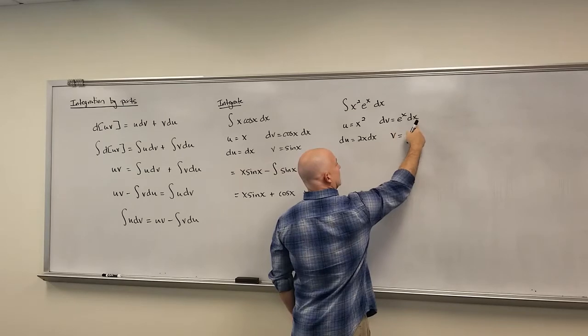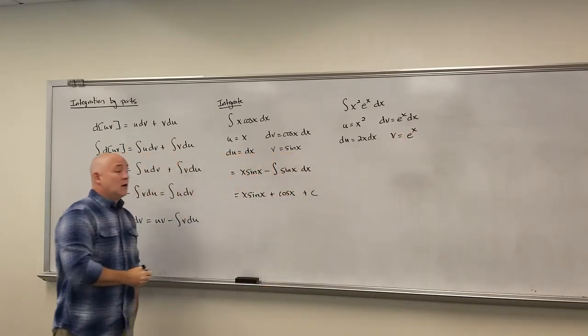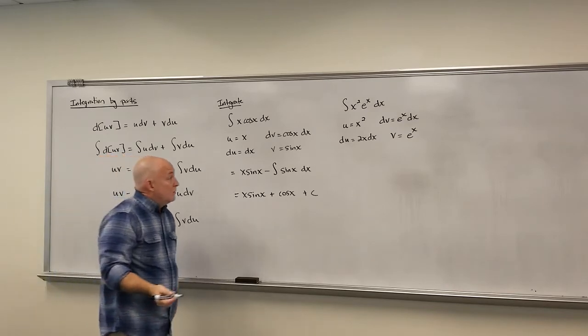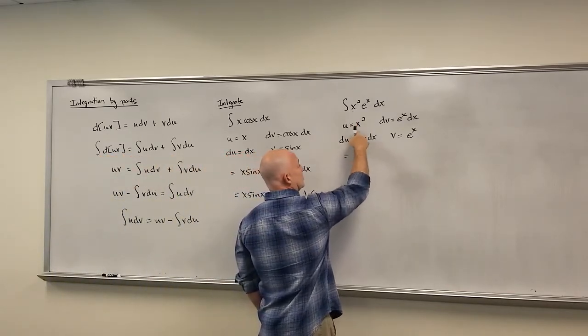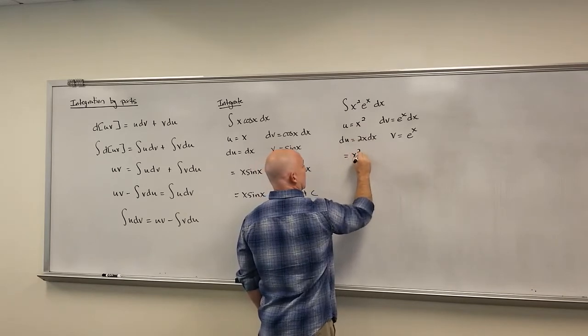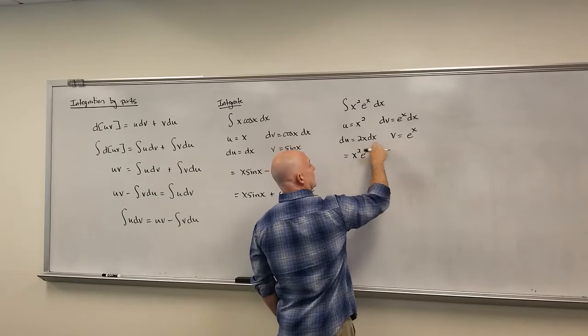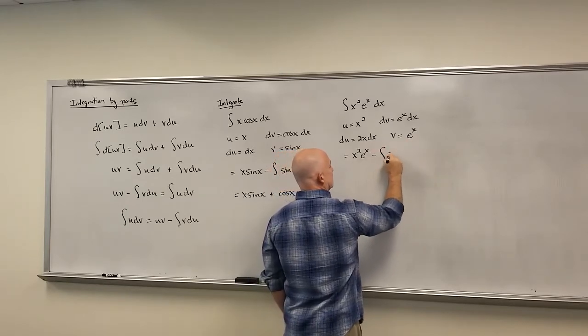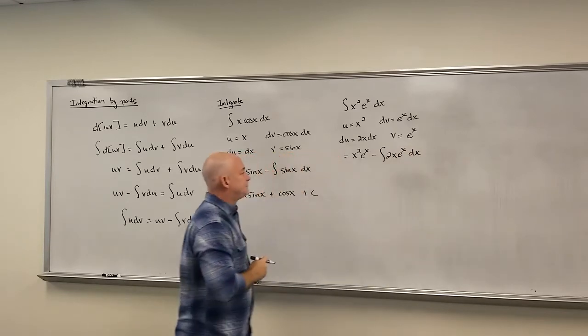The integral of e to the x dx is just e to the x. All right, good news, we are just using a formula. So this integral is equal to uv, x squared e to the x, minus the integral of v du. So this is going to be 2x e to the x dx.